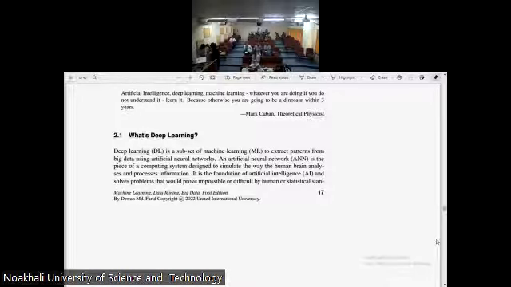Do you know how many neurons we have in our brain? Anyone have any guess? 86 billion, which is like 8,600 crore neurons in our brain. So this is a huge network.